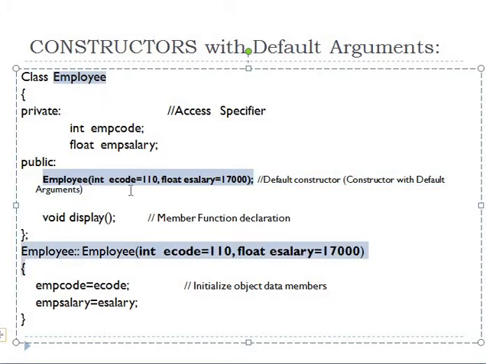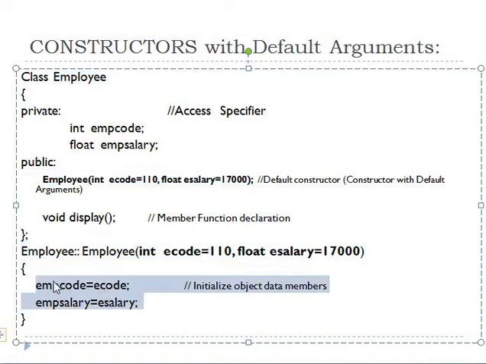Since its body part has been defined outside of this class using the scope resolution operator, the control is going to come over here and then initialize the data member EMP code of the class with the default value of eCode, which is 110. So the data member EMP code will now get the default value of 110.